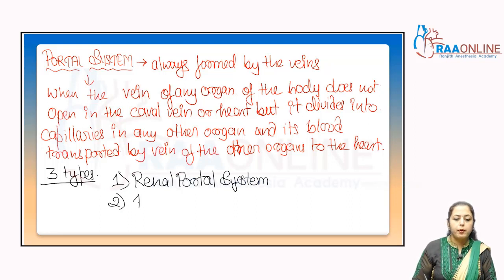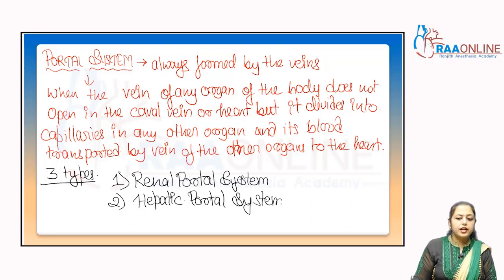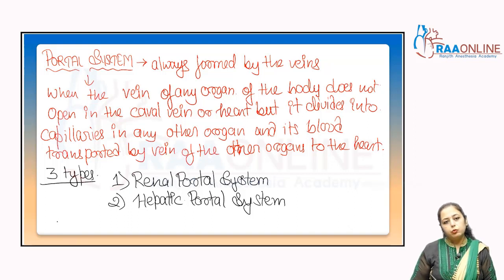Second one is the hepatic portal vein; the word hepatic is used for the liver. When that vein enters inside the liver and divides into capillaries, after that it comes out of the liver and forms the hepatic vein, right.